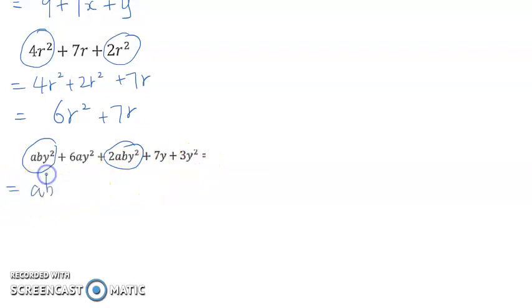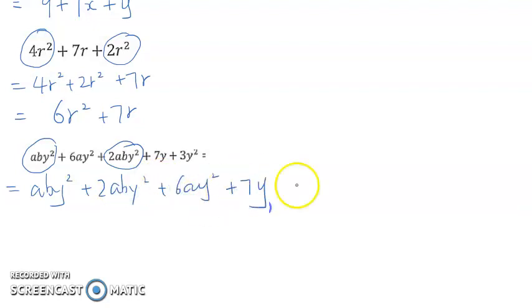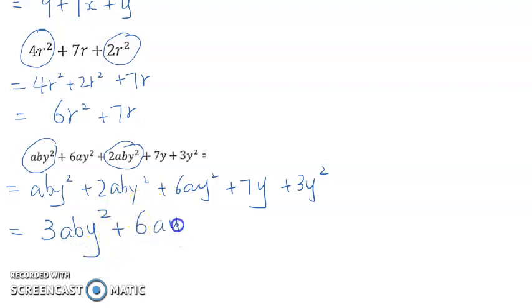All I'm going to do is put the like terms next to each other: 6ay squared plus 7y plus 3y squared. So now I have one aby squared plus two of them, so I have three of them, so 3aby squared. The rest are not like terms, so I cannot combine them, and I have to leave them alone.